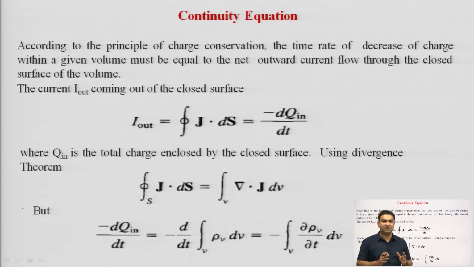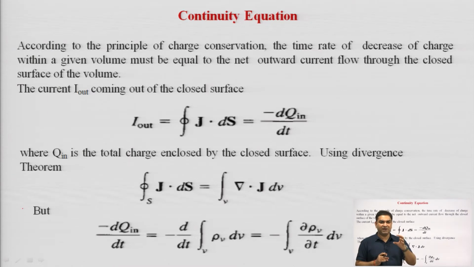Here we can use the divergence theorem. When we use the divergence theorem on J dot dS, this integral becomes the volume integral of del dot J dV. Means by using the divergence theorem we can convert the surface integral into a volume integral.